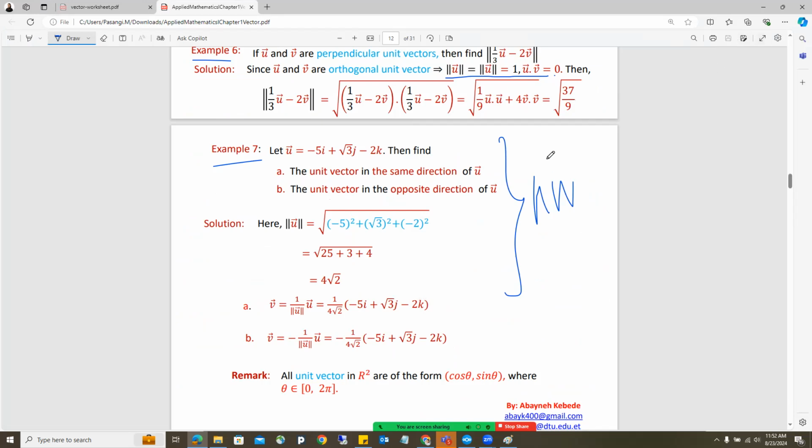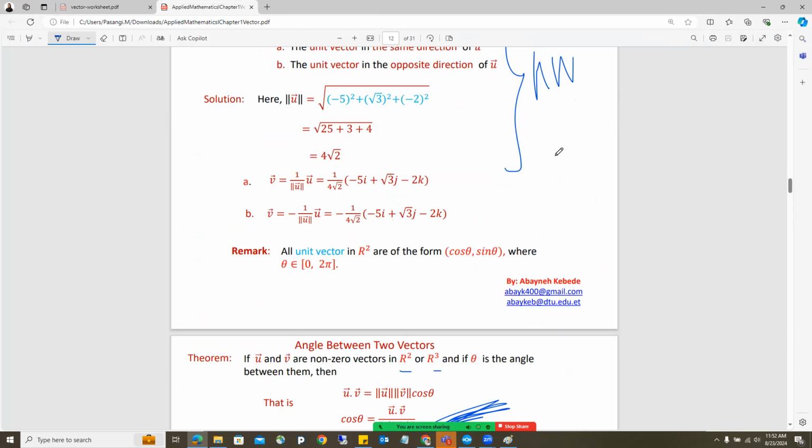I'll also upload the recording, so you can look again at what we covered for the dot product, and then we can move to the cross product tomorrow. Is it okay?